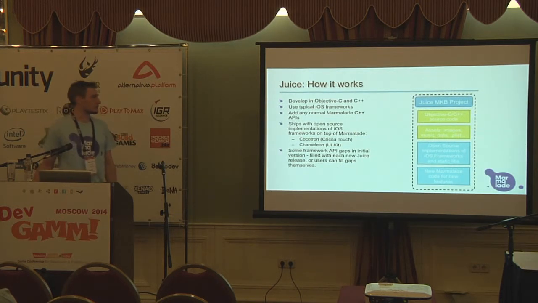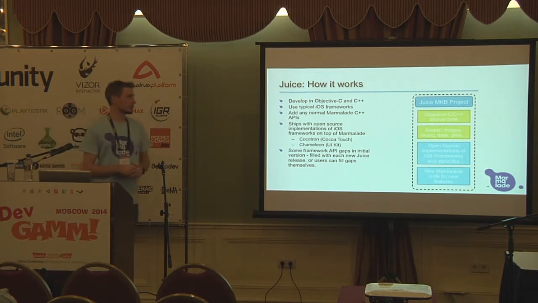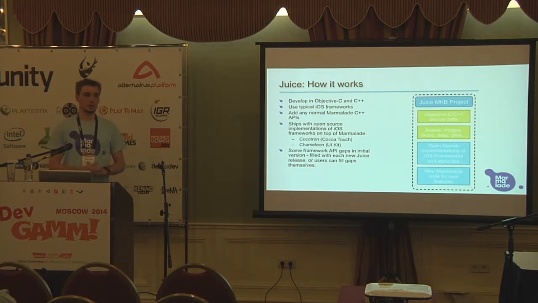So, how does it work? You keep your development in Objective-C, but of course you have to maintain Android things. Like, if you use Game Center, you should probably switch to Google Play game services. If you use in-app purchases on iOS, you should switch to Google Billing.